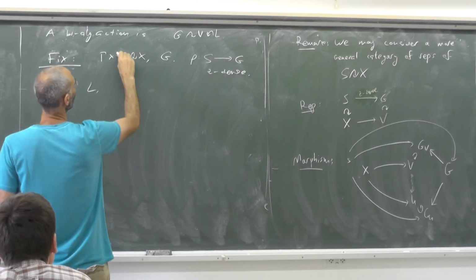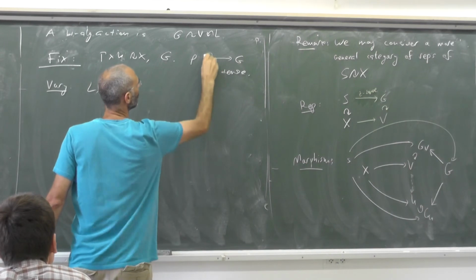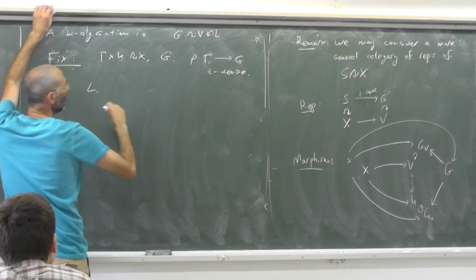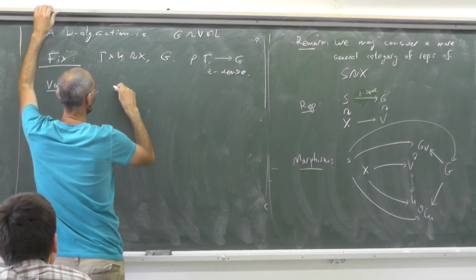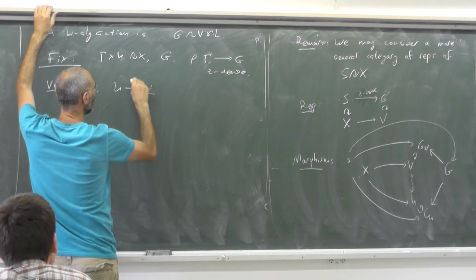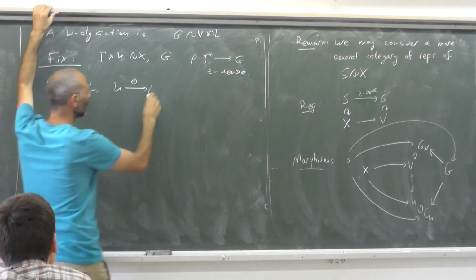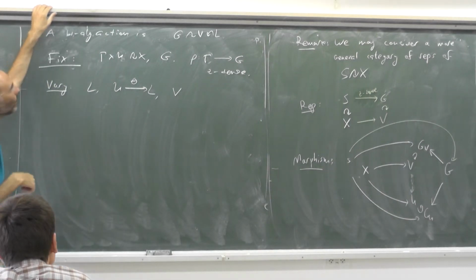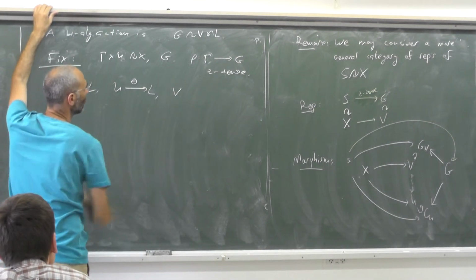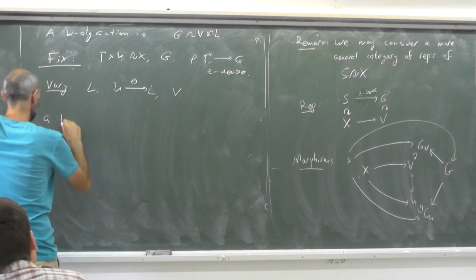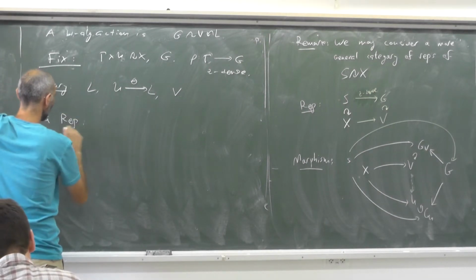This U, this is gamma. I will not fix the map from U to L, which is called theta, and I will not fix here. So a representation will be a choice of such things.